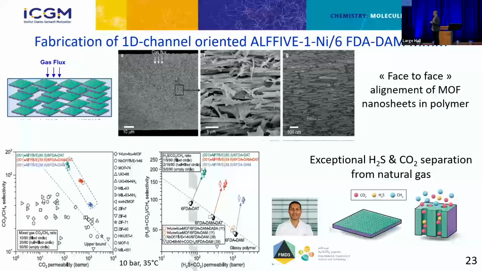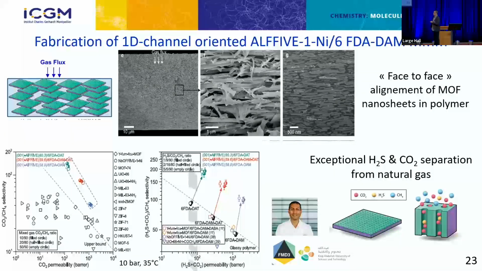In this graph, you see the performance of the CO2/CH4 selectivity for different polymers, not only 6FDA-DAM but also DAT and DAM-DAT. You see that with this system it's possible to achieve a selectivity of more than 150 with a relatively good permeability for CO2.